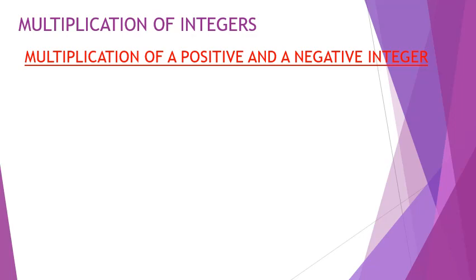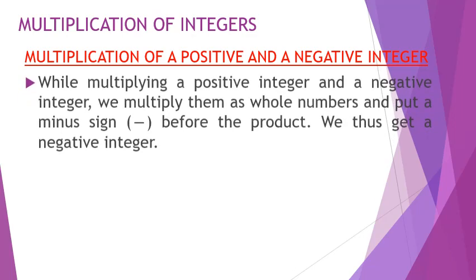Multiplication of a positive and a negative integer. While multiplying a positive integer and a negative integer, we multiply them as whole numbers and put a minus sign before the product. We thus get a negative integer.